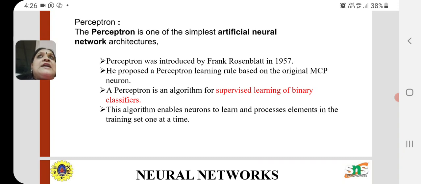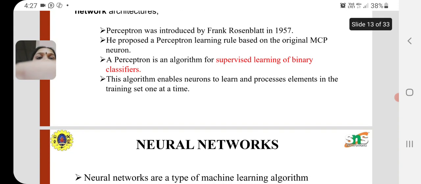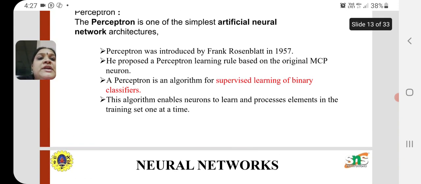It is a classification algorithm which is mainly used for binary classifiers. Binary in the sense it is zeros and ones. This algorithm enables the neuron to learn and process elements in the training set one at a time. So this is the definition of perceptron, introduced by Frank Rosenblatt.